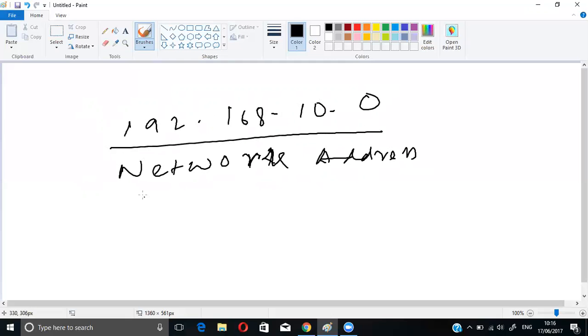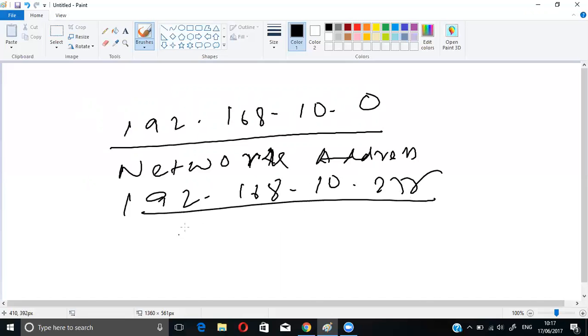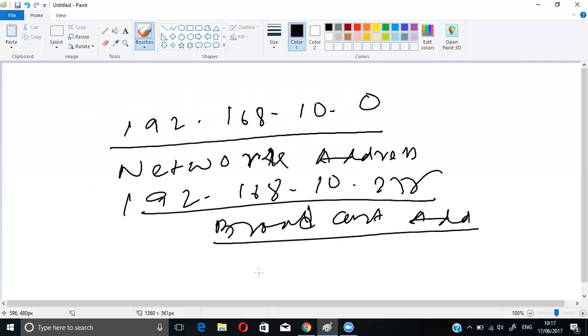No? Now if I write this one, 192.168.10.255, what is this? This will be the broadcast address. Broadcast address. Any problem? Okay.